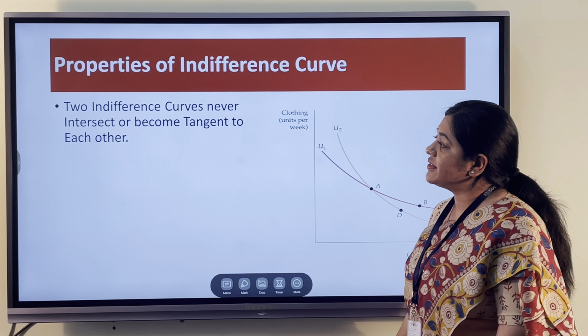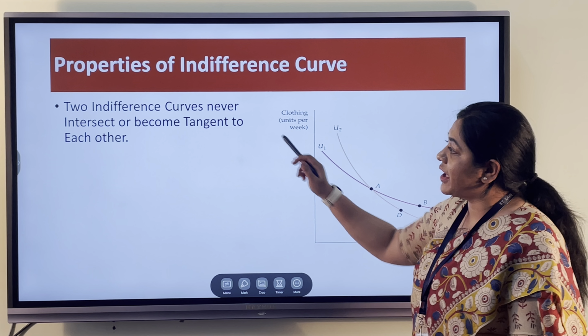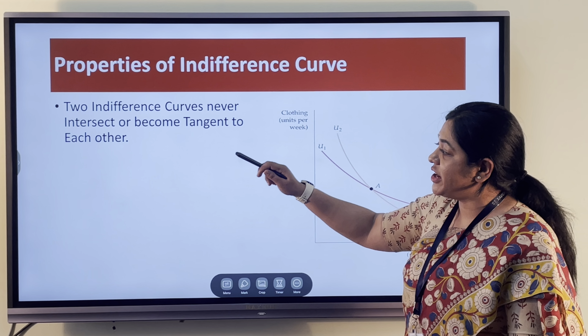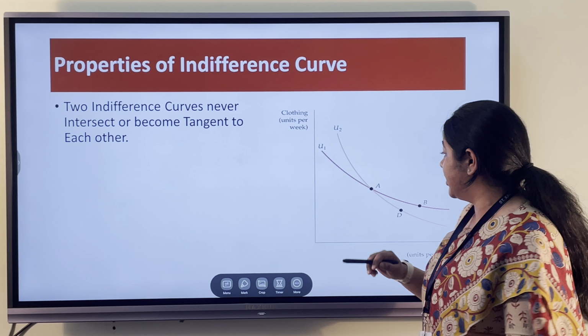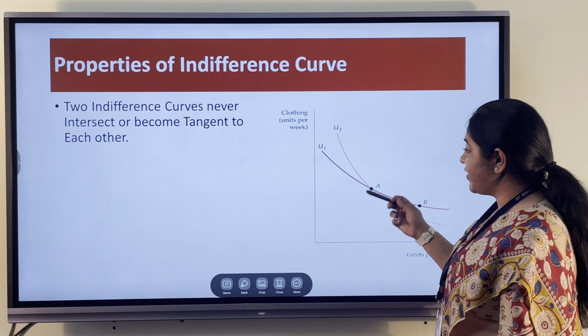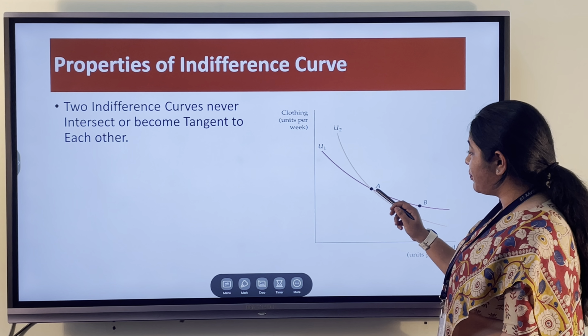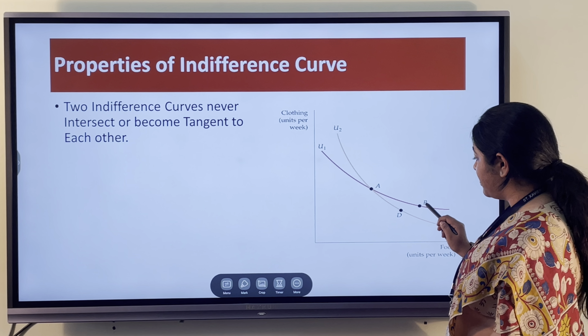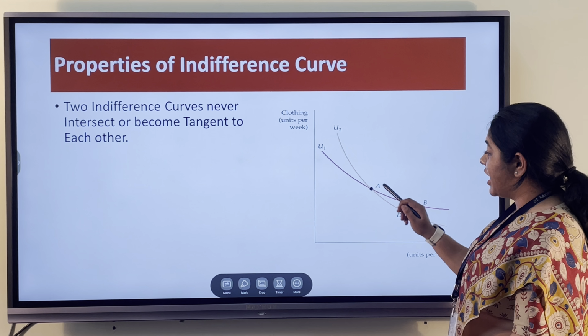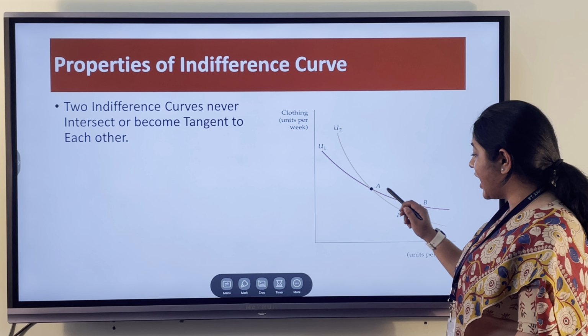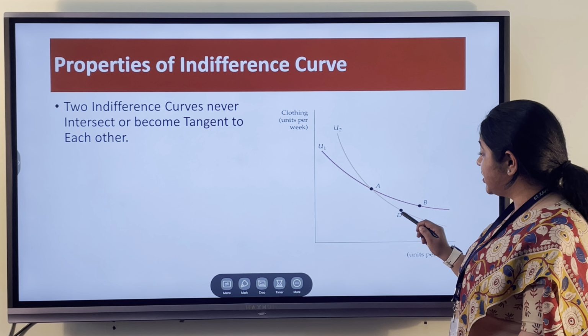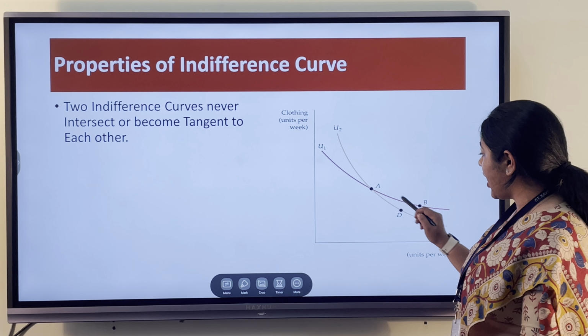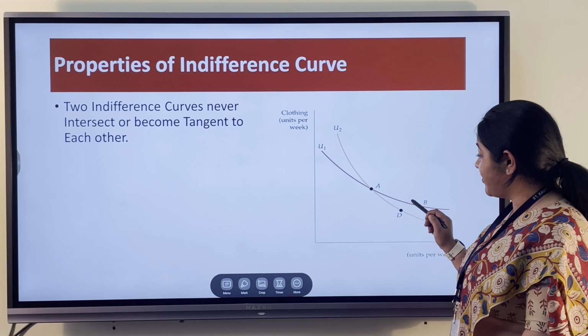The last property states that two indifference curves never intersect or become tangent to each other. Suppose we have a situation here with three points A, D and B. As you can see, points A and D are on the same indifference curve, and points A and B are also on the same indifference curve.